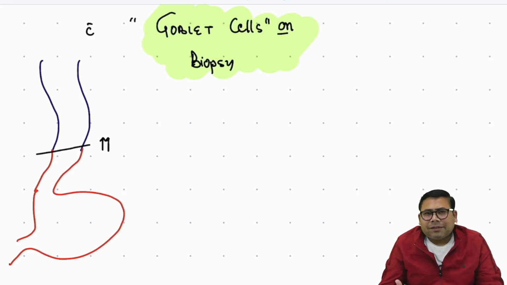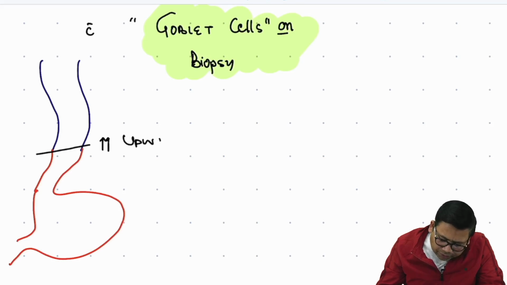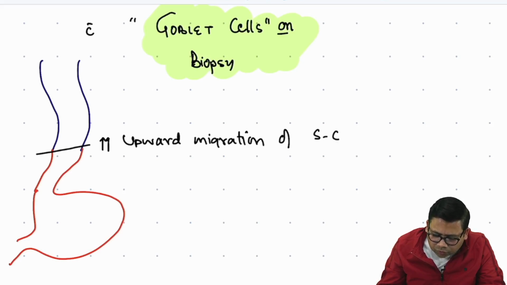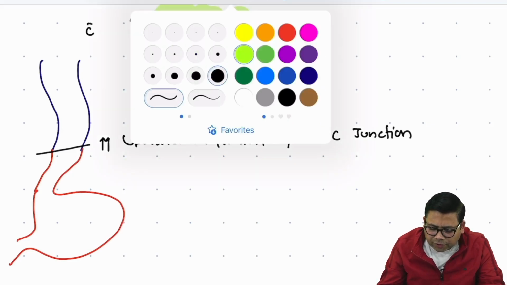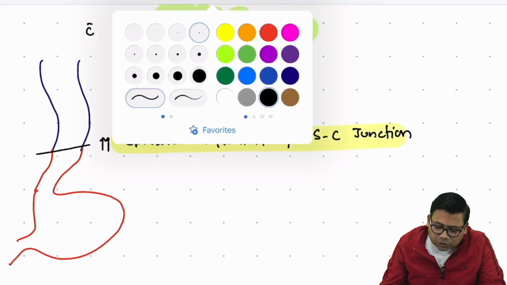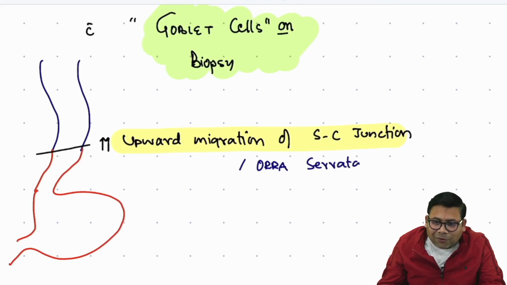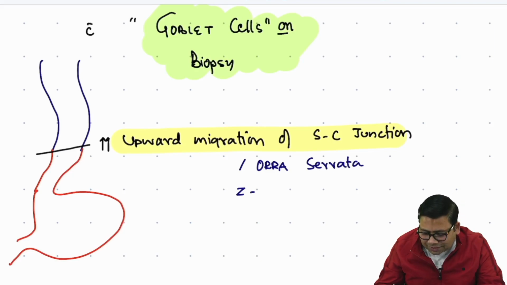What we classically see on upper GI endoscopy is upward migration of the squamo-columnar junction. This is what is making it very special. Upward migration of the squamo-columnar junction, or you can also say upward migration of the ora serrata, or upward migration of the Z line, that is the squamo-columnar junction line.